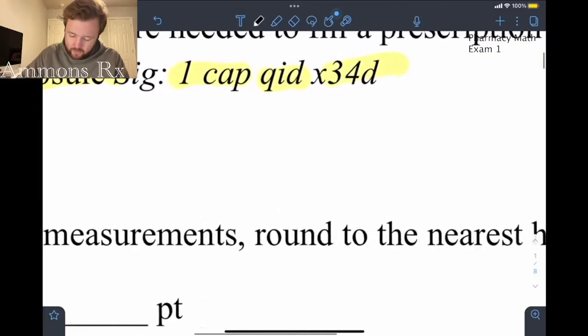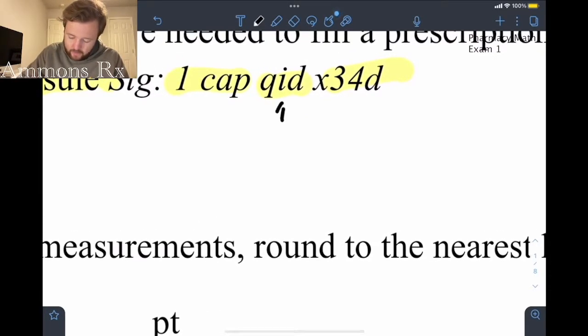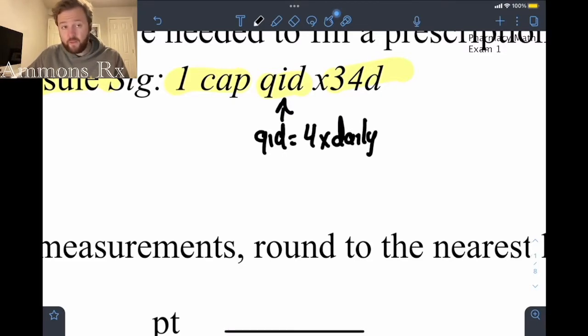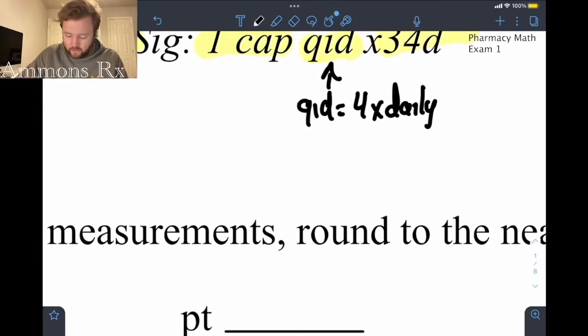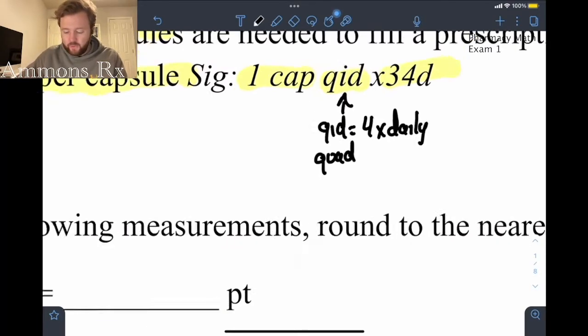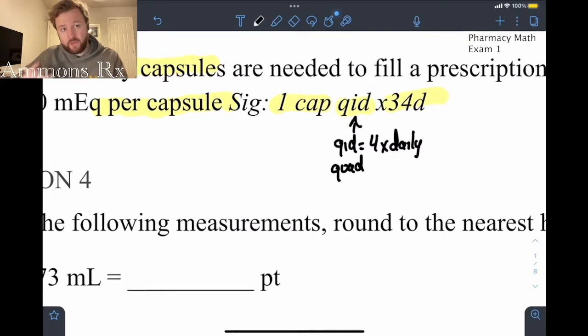Okay, so this one's going to rely on the fact that you know what this means. QID is equal to 4 times a day. The way that you can remember QID is what does quad start with? So quad is Q. QD is daily. So don't get confused with those because a lot of people get confused with daily and 4 times daily.